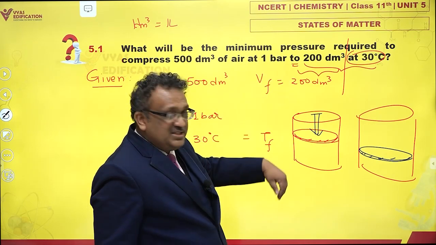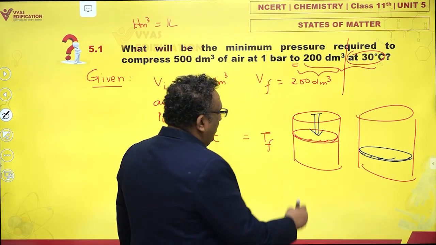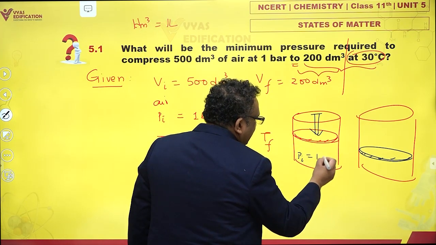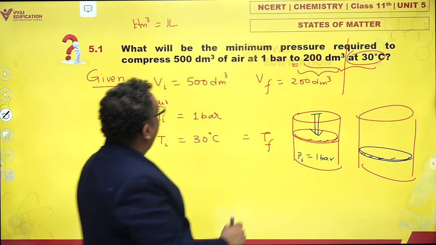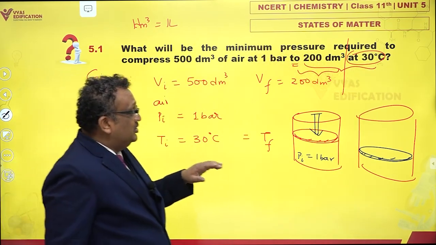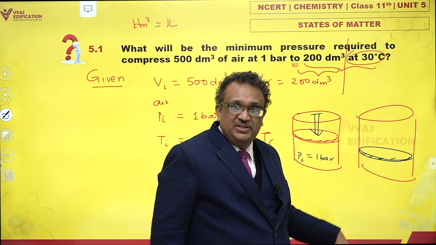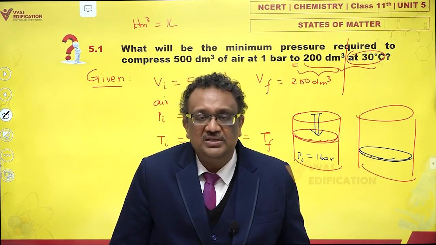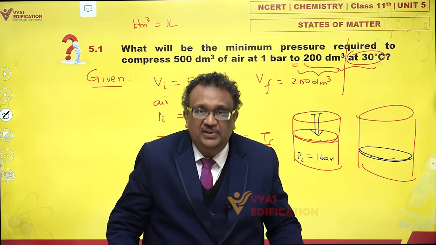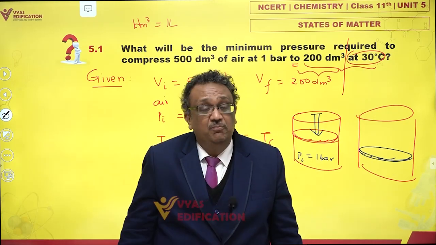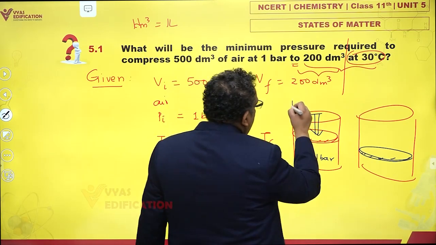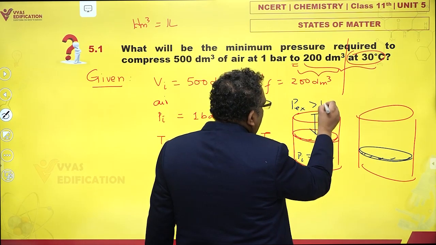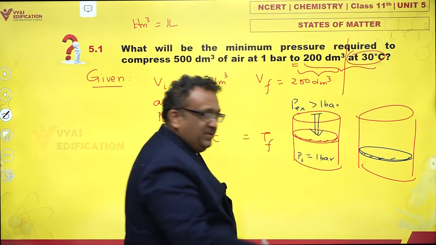So, it means that you have to apply a certain pressure. Now, initially, pressure is 1 bar. So, when you are compressing, it is very obvious that if you are pressing something, the outer pressure has to be more. So that means P external should be more than 1 bar, right? Then only you are compressing it.